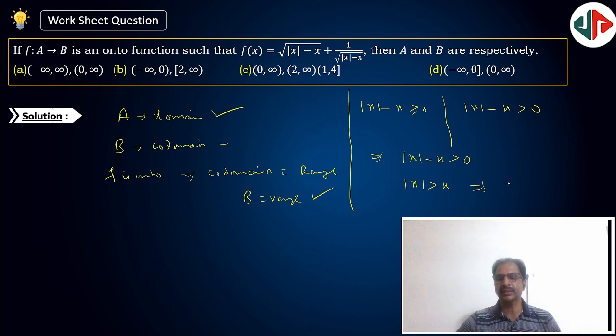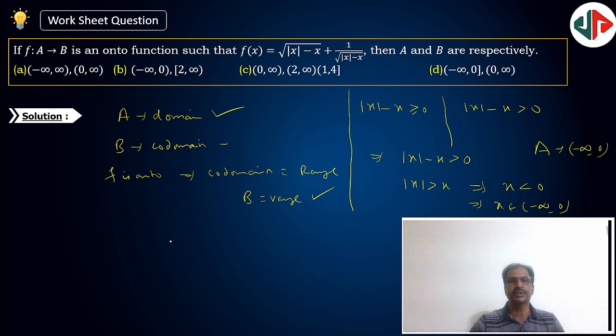Mod x greater than x is true only when x is negative, as we already did. X negative means minus infinity to 0. This is the domain. So A is minus infinity comma 0.